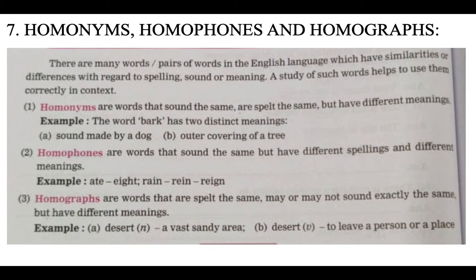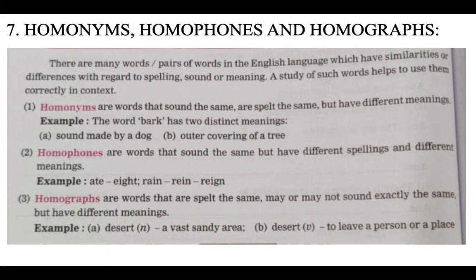Sometimes we see that there are words that sound the same, they are even spelt the same, but they have very different meanings. These are known as homonyms. For example, the word bark, B-A-R-K, has two distinct meanings. Although they are spelt the same and sound the same, they have two different meanings.